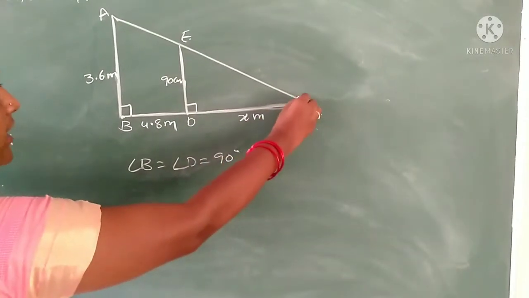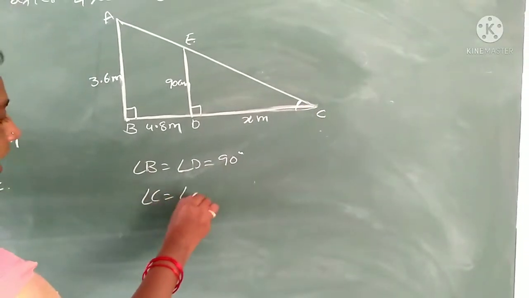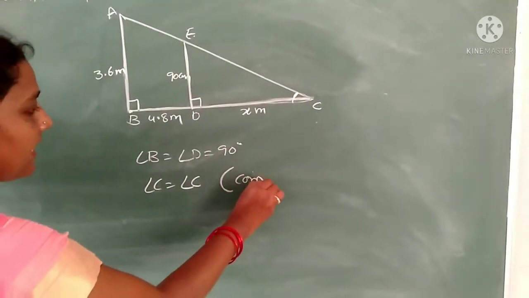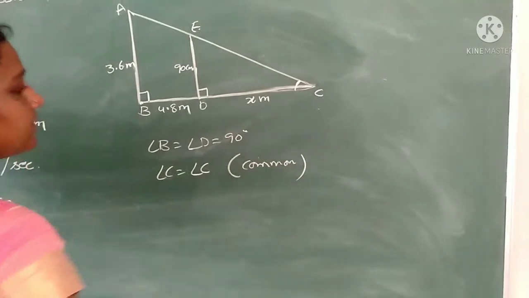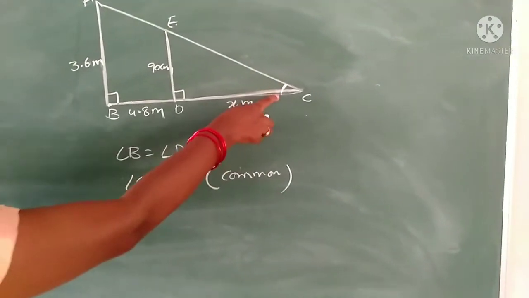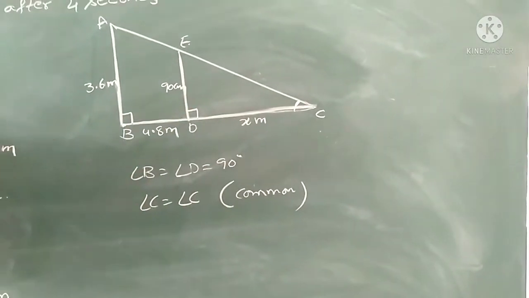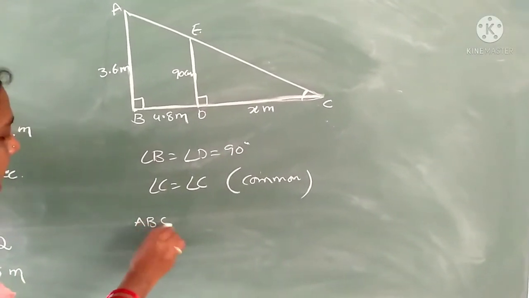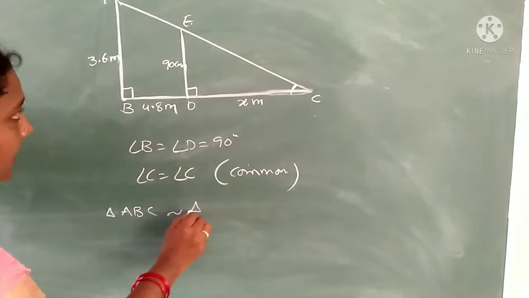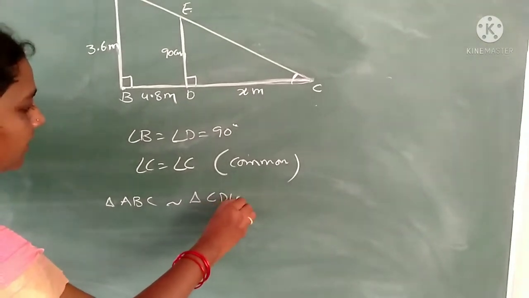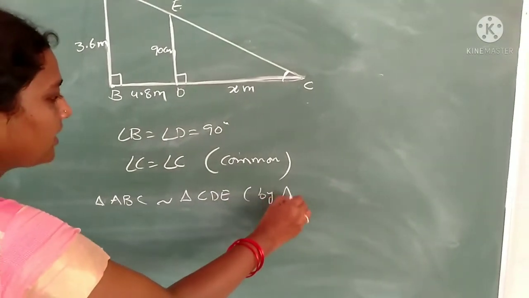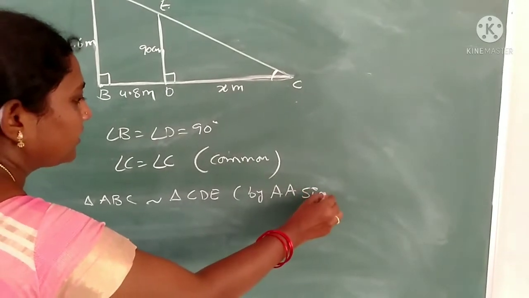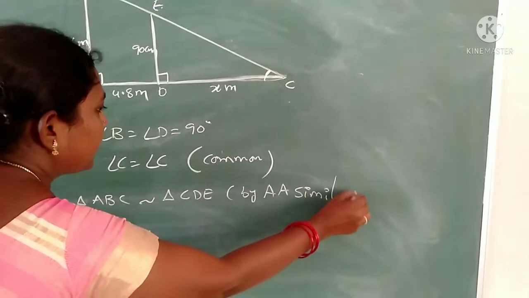Next, angle C equals angle C, as C is the common angle. So the two triangles are similar: triangle ABC is similar to triangle CDE by AA similarity.